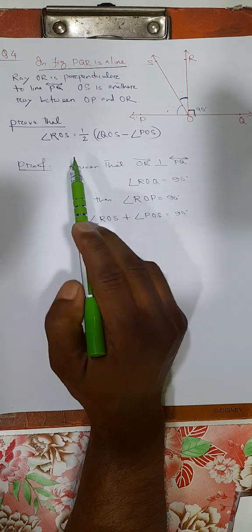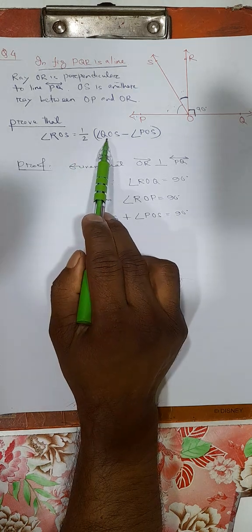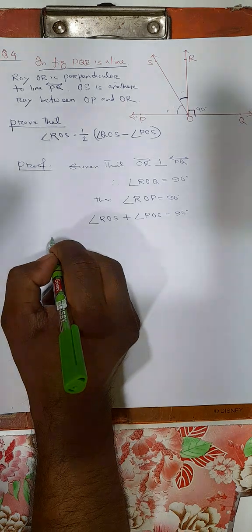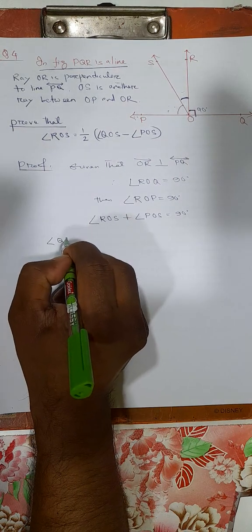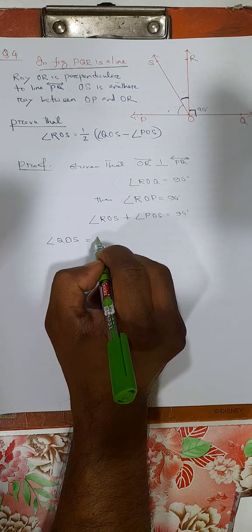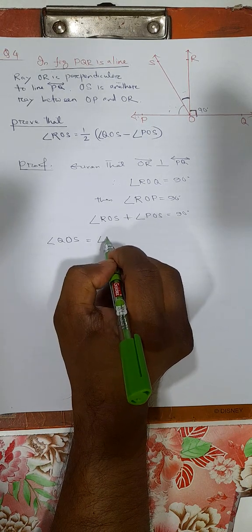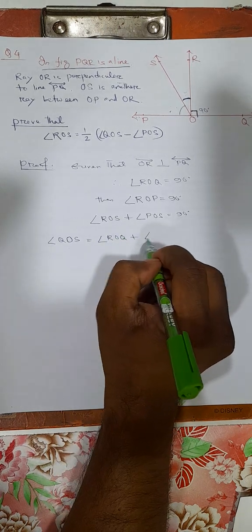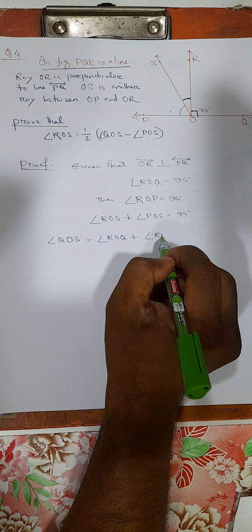Now in the given question, you have to find the relationship with angle QOS. So let us write angle QOS. Angle QOS, you can write it as angle ROQ plus angle ROS.